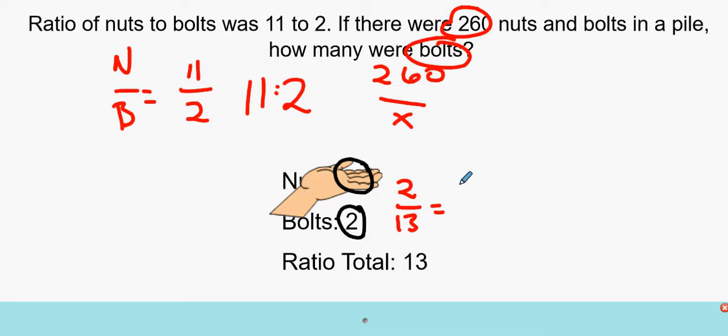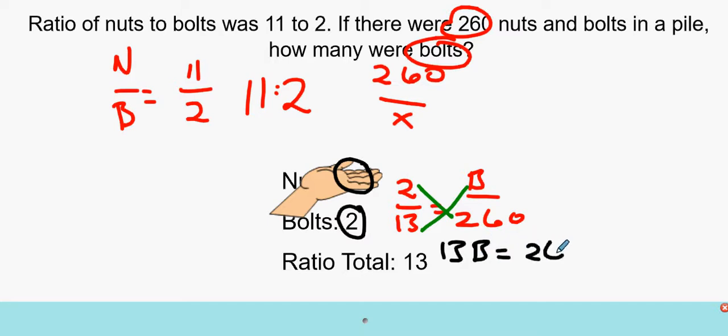I know that there are 260 for my total, but I'm looking for the number of bolts. How do I solve a ratio? Cross multiply. What do I have underneath then? 13b equaling 260 times 2, which is 520.